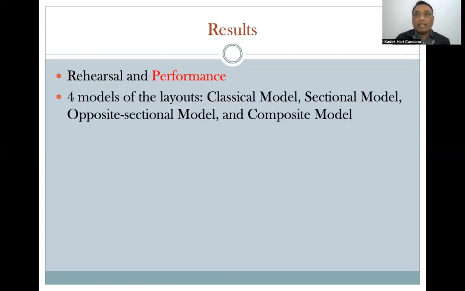During the whole year of the class program, I experimented with 4 different models of instrument layout. I have named these models the classical model, sectional model, opposite sectional model, and composite model. In order to facilitate student learning during the class, the core melody of the piece was notated on the whiteboard for the melodic instruments.